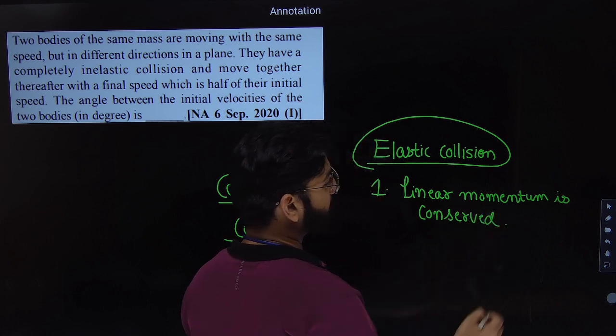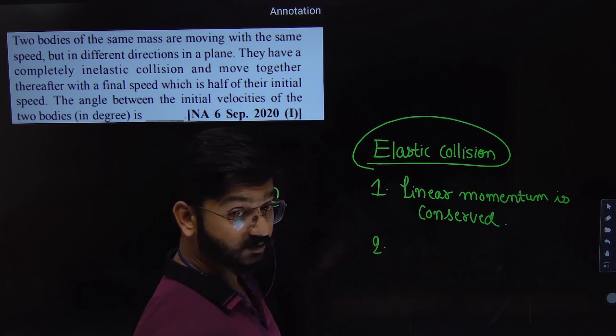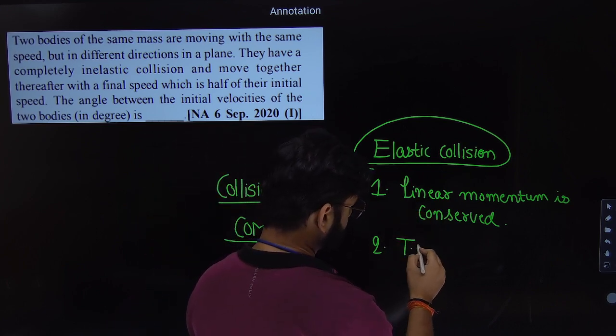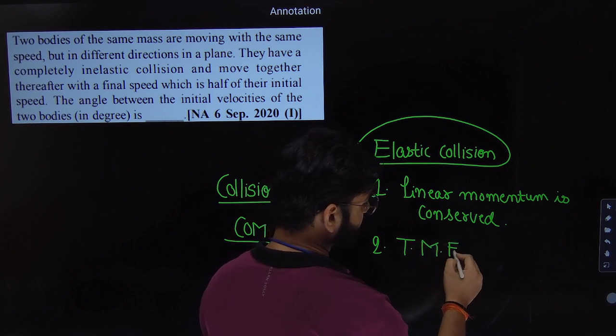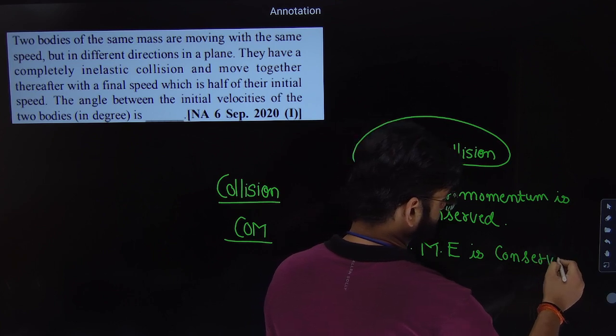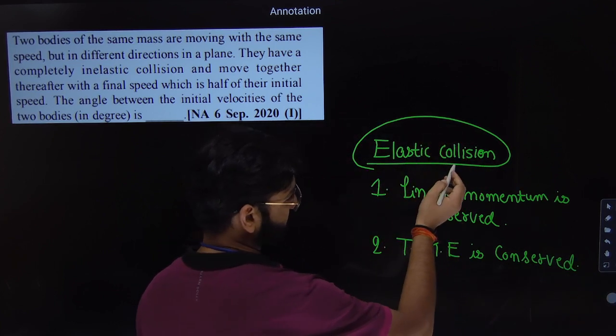This statement will hold true for all type of collision. Second statement which holds true for all type of collision is total mechanical energy is conserved. So mainly we are going to talk about elastic and inelastic.